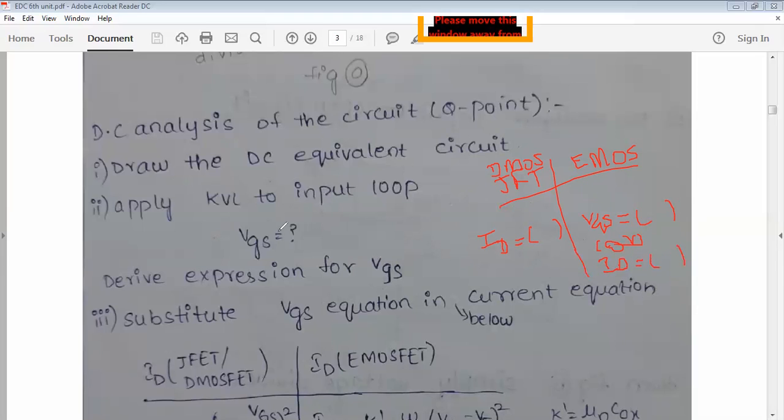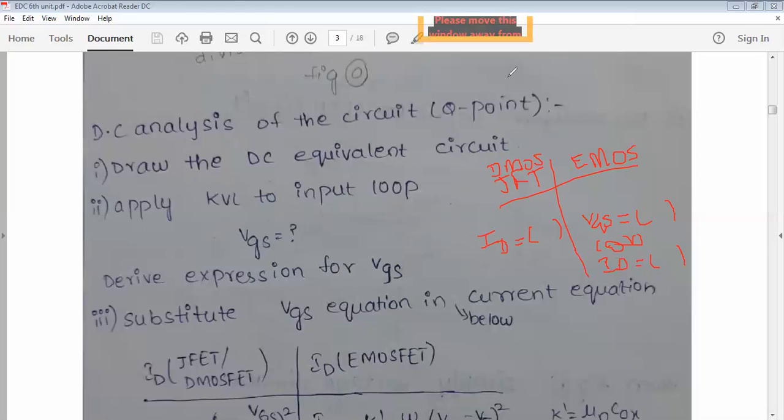Applying KVL to the input loop, two unknown quantities. If it is a depletion mode MOSFET or JFET, ID is equal to, right? Or otherwise for an enhancement mode MOSFET, VGS is equal to or ID is equal to, right?